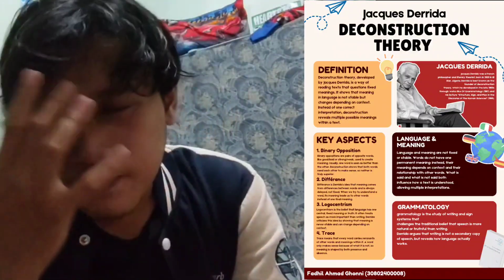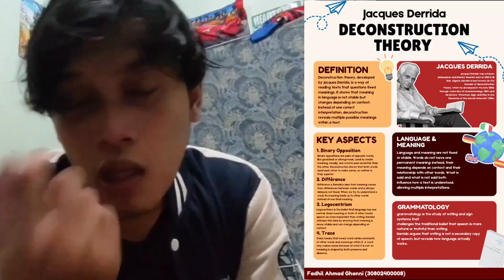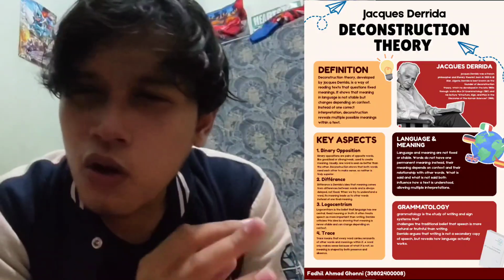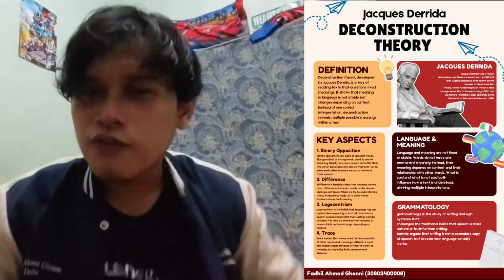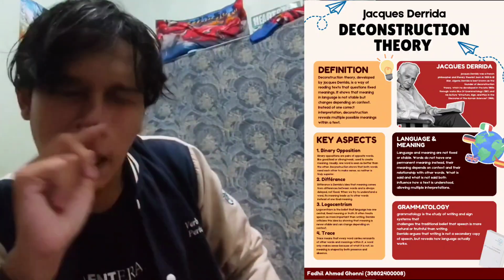So basically, if you have one word, for example, love or exercise, does it always have one meaning? No. Derrida said that language does not have just one fixed meaning.